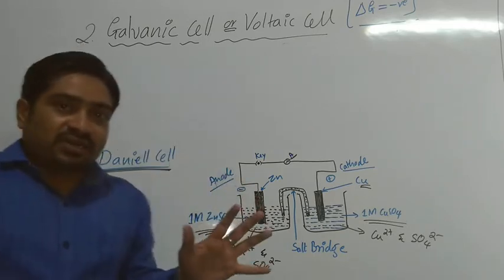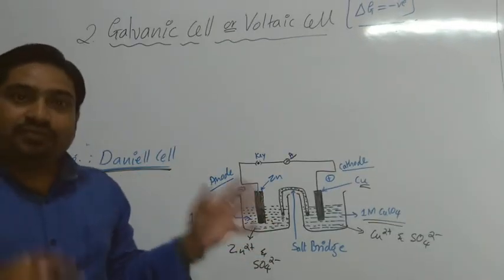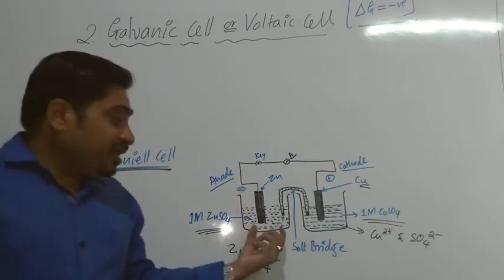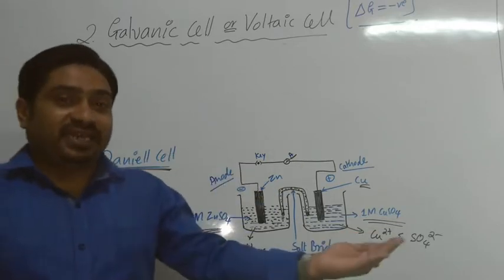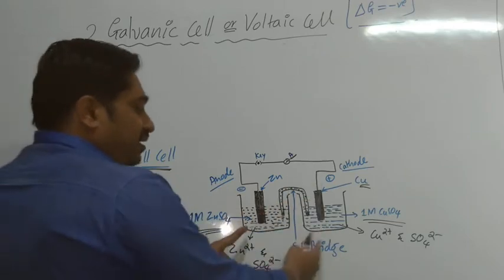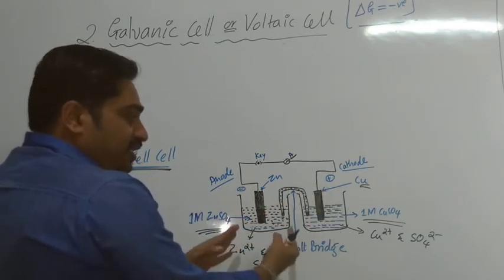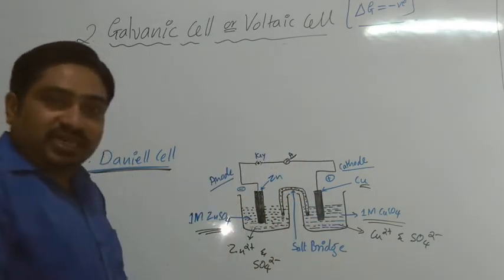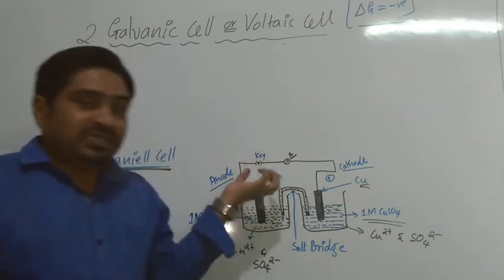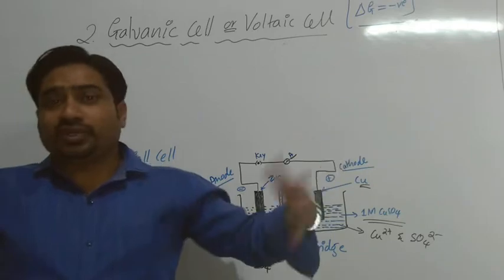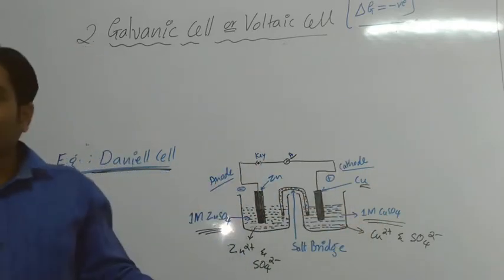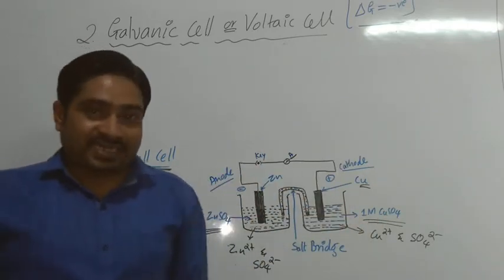A device or an electrochemical cell which converts the chemical energy of a spontaneous reaction into electrical energy. Here the chemical energy of this reaction is converted into electrical energy. This electrical energy is used to run electrical motors or electrical gadgets.